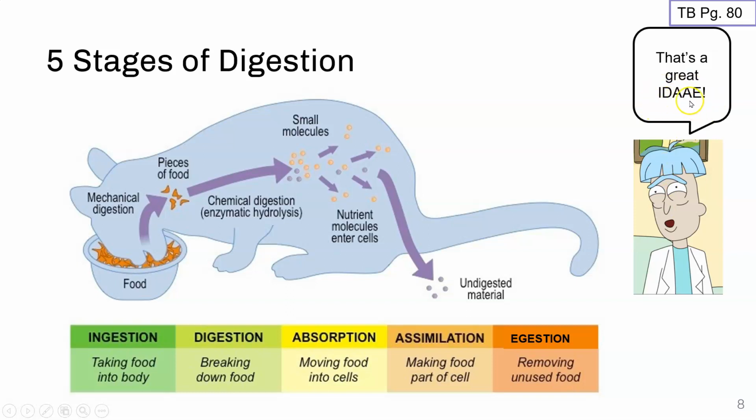So IDEA: I, ingestion; D, digestion; A, absorption; A, assimilation; and E, egestion. Make sure that you know how to recognize these 5 key points. Take some time to digest this part of the video. Practice writing down these 5 keywords. Pause the video and resume only when you're ready.